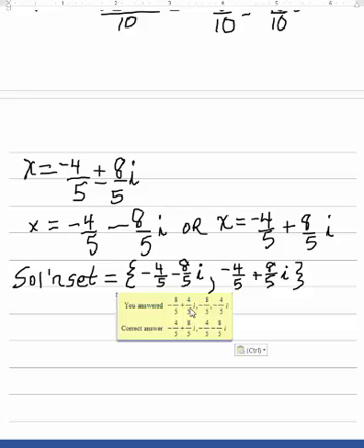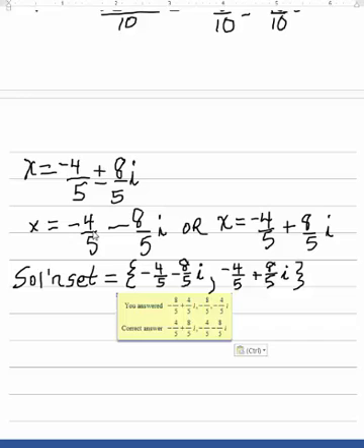Instead of having 8/5, you have 4/5. That's not correct. So you have 4/5 times i instead of positive and negative 8/5 times i.